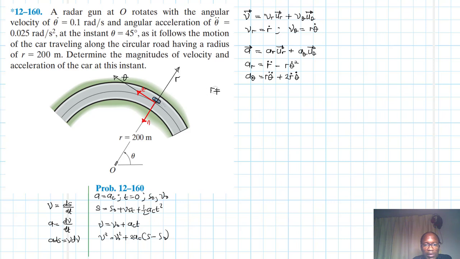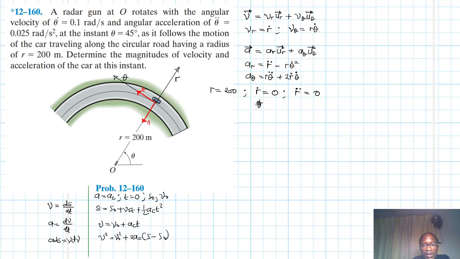Right, so we know that our r is equal to 200 meters and is constant, and therefore our r dot, which is just equal to dr/dt, is equal to 0 since r is a constant, and r double dot is also equal to 0.